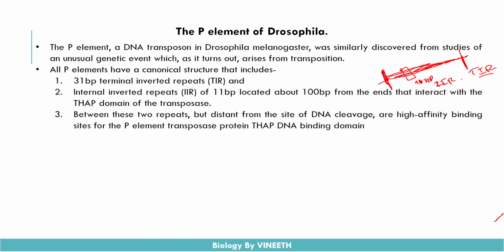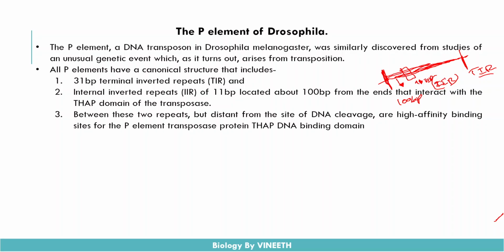So they will be acting as binding sites for the transposase enzyme. Okay, and these two are separated by spacer regions. The length of the spacer region is about 100 base pairs. So this spacer region separates the terminal inverted repeats and the internal inverted repeats, and the internal inverted repeats will be acting as binding sites for the transposase enzyme.